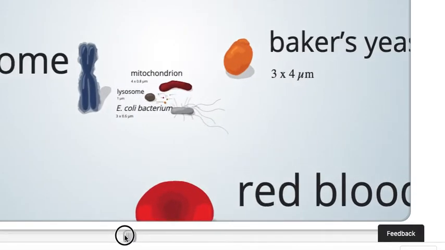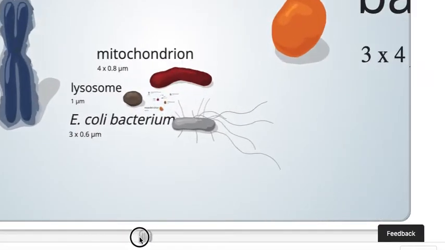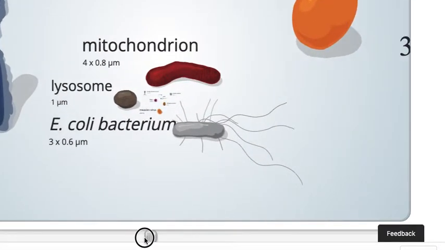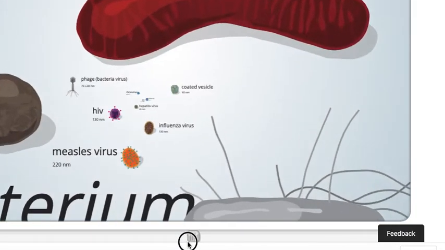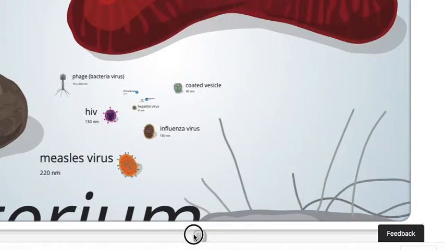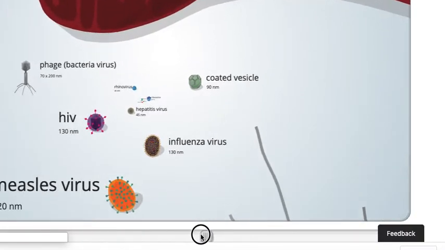And then as you keep scrolling, you're down to E. coli. This is about where the last cell is in these pictures. And then beyond that, these become like either cell parts right now, or what we call organelles, or we're getting into like viruses, which we don't even consider living things.